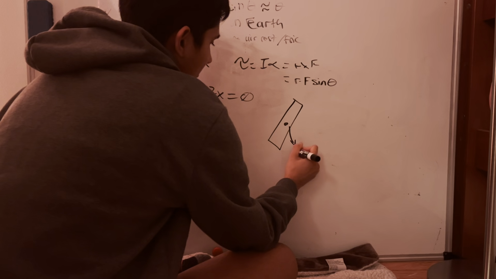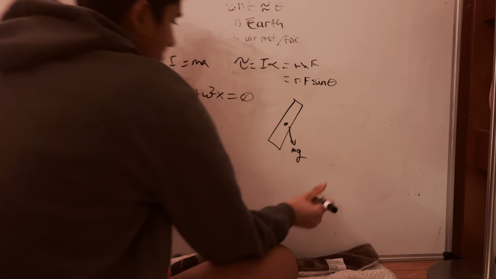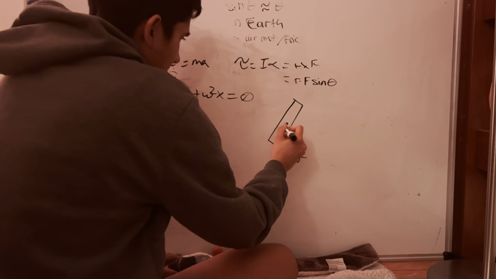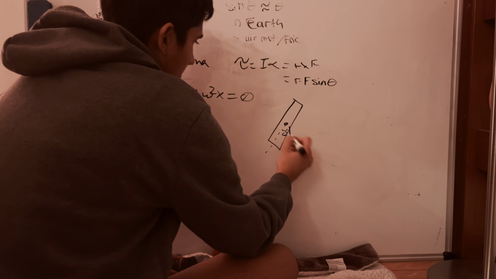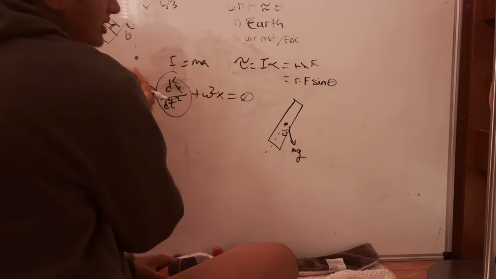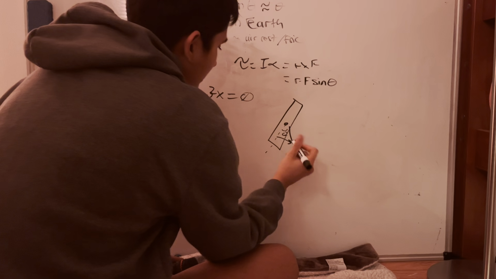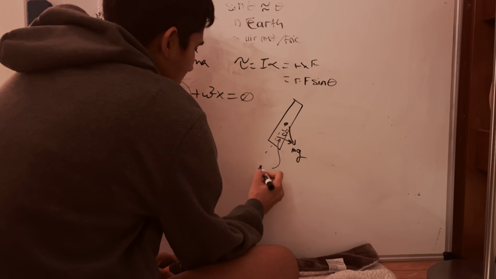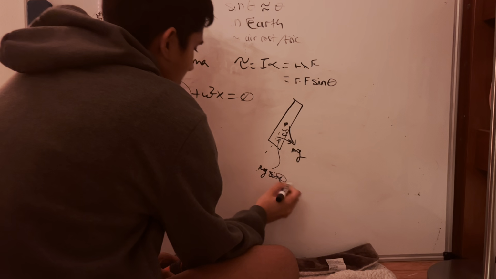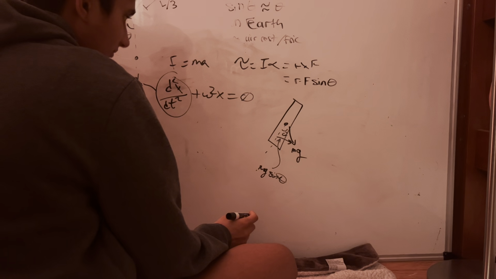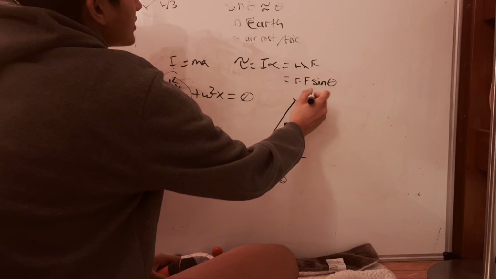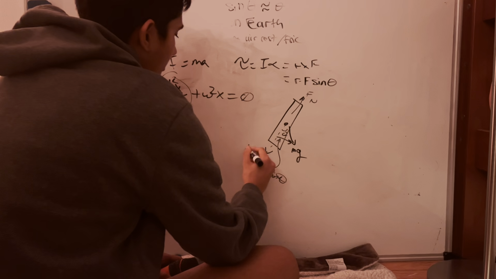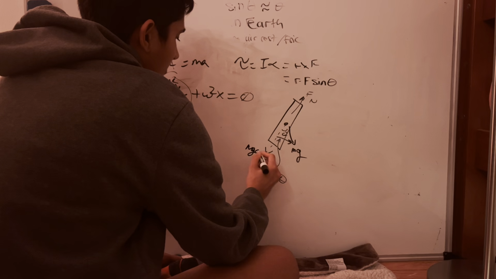The forces acting on it are gravity, so mg, and this right here is theta. The direction that's actually going to be pulling it back to the center is this component here, and that is equal to mg sine theta. The other forces acting on it are the normal force because of the pivot, and pulling down is mg cosine theta.